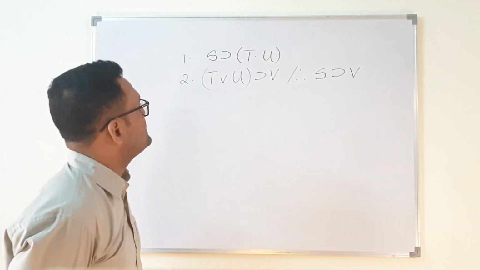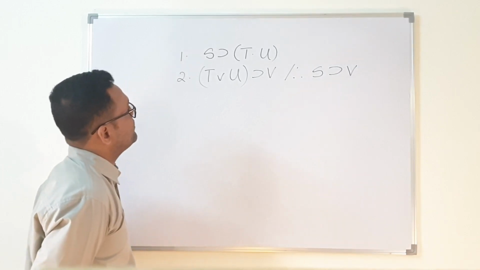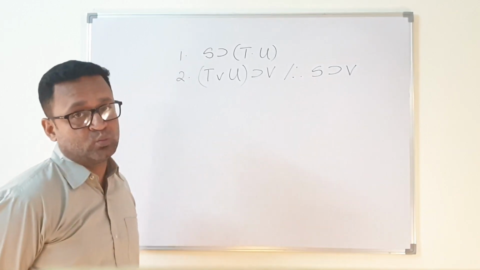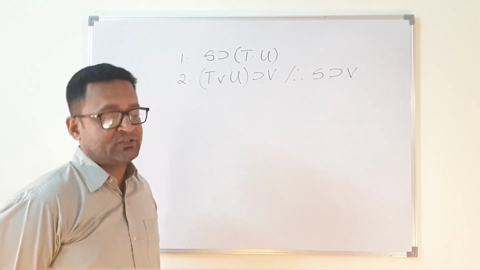Now again, as you can see, the answer has S and V. However, the question also has U, right? So again there will be a requirement of elimination.